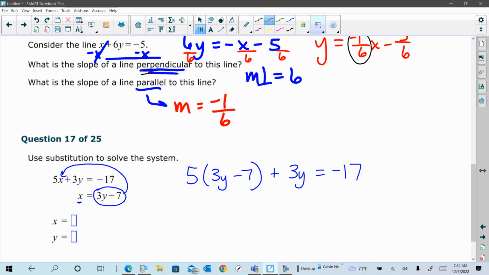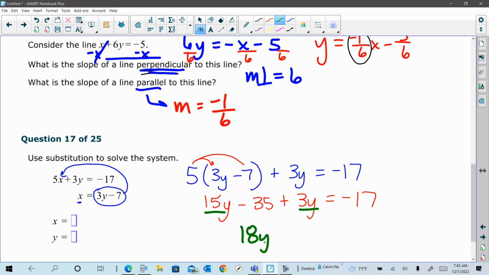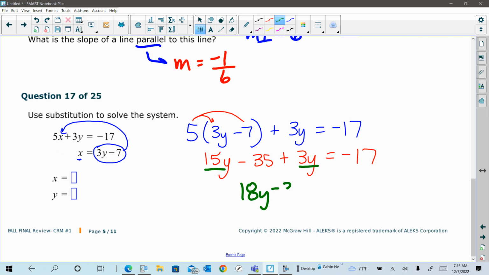We're going to solve for y. So when you do that, you get 15y minus 35 plus 3y equals negative 17. Combine your like terms, the 15y and 3y is going to give you 18y minus that 35 equals negative 17.